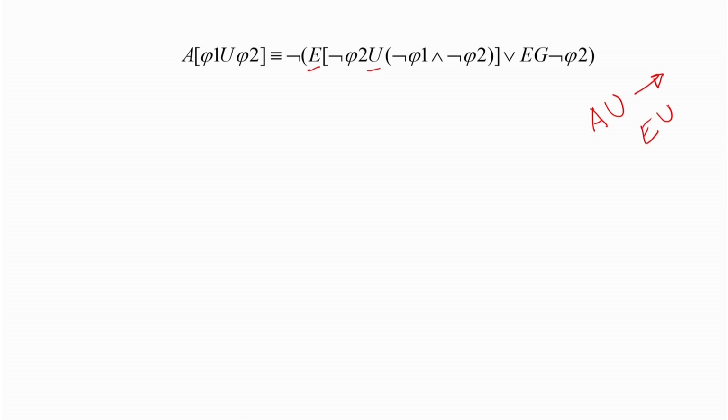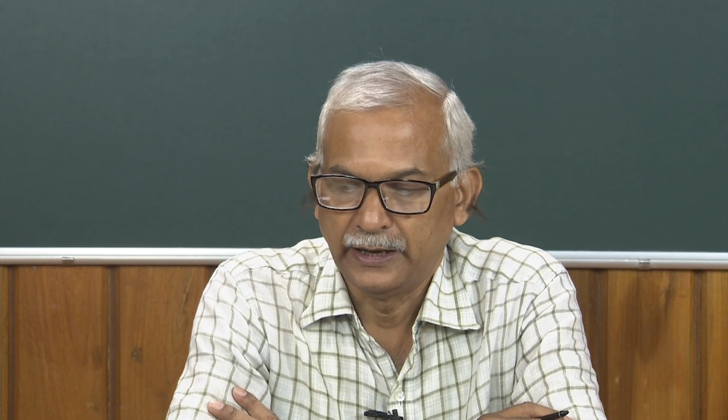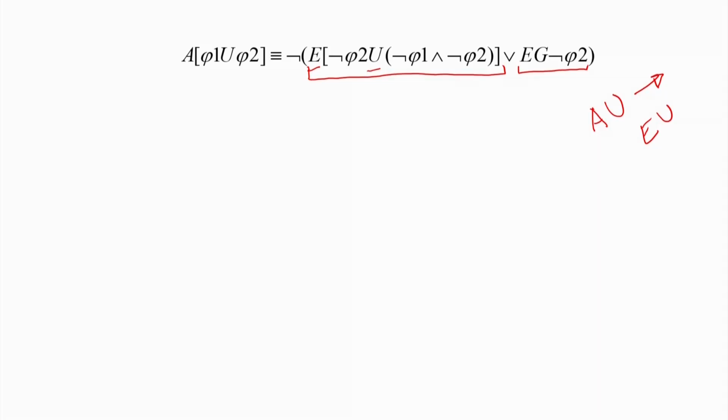So, A phi 1 until phi 2 is equivalent to not of the whole expression. In the not, I am having 2 expressions: E G not of phi 2, and E of not of phi 2 until not of phi 1 and not of phi 2. Okay, so this is the equivalence that we are having.